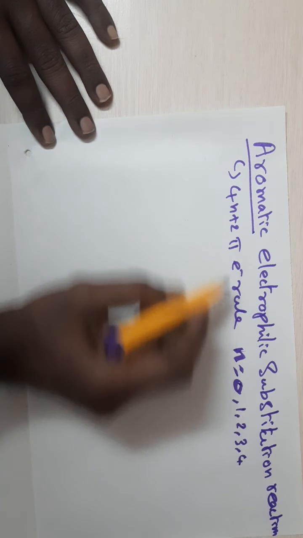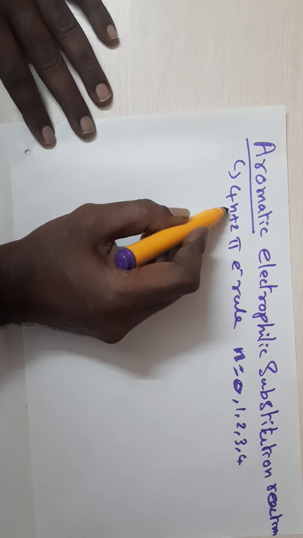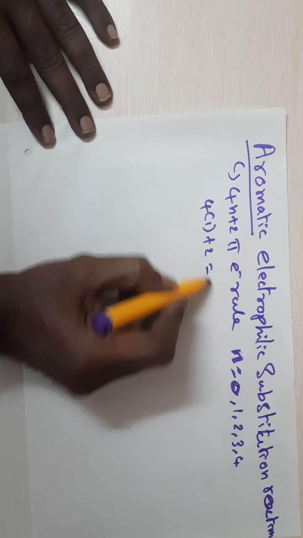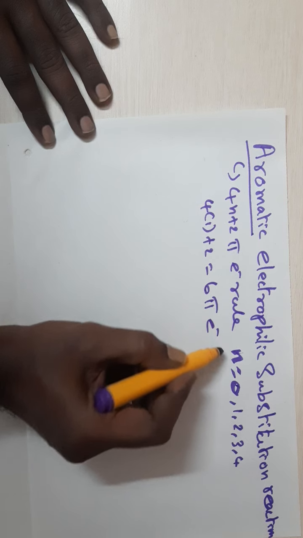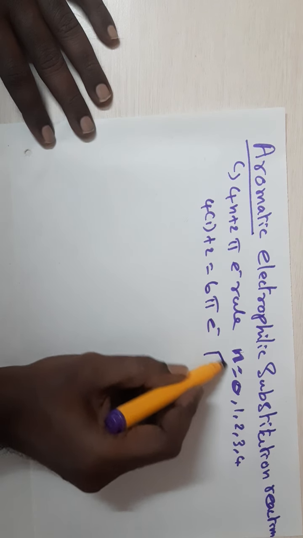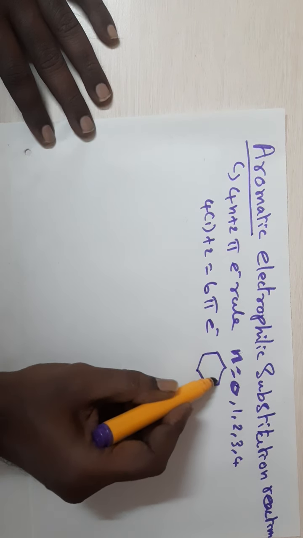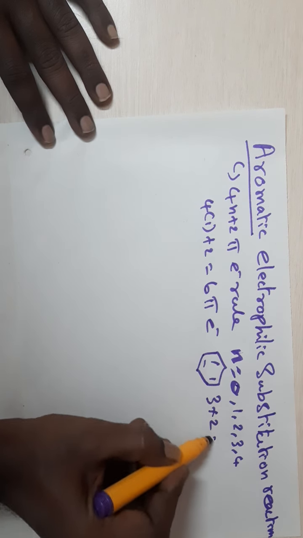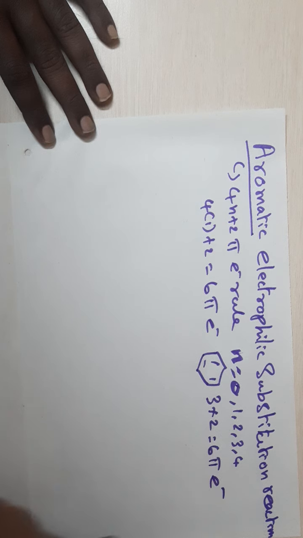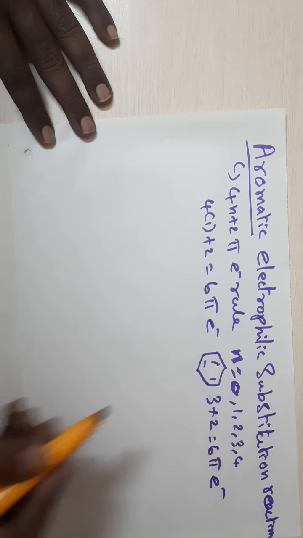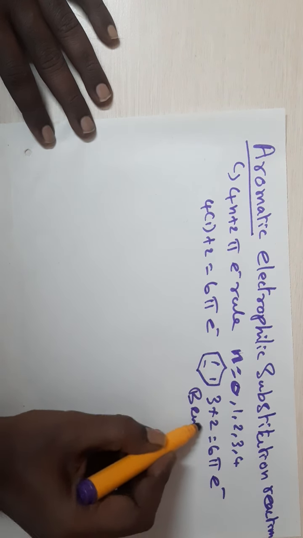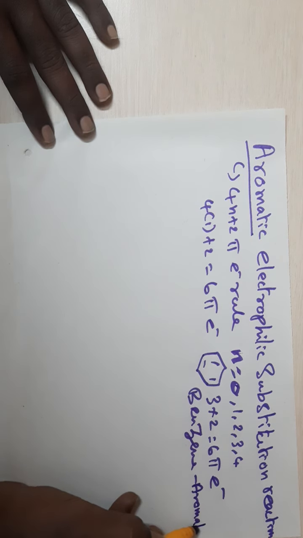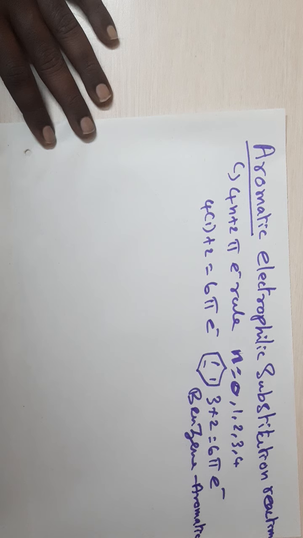So if you put n is equal to 1, 4 into 1 plus 2 is equal to 6 pi electrons. Benzene has 3 carbon-carbon double bonds in conjugation with each other. So 3 into 2, 6 pi electrons are there in benzene. Benzene is an aromatic compound. We studied all these things in our BSc class itself.